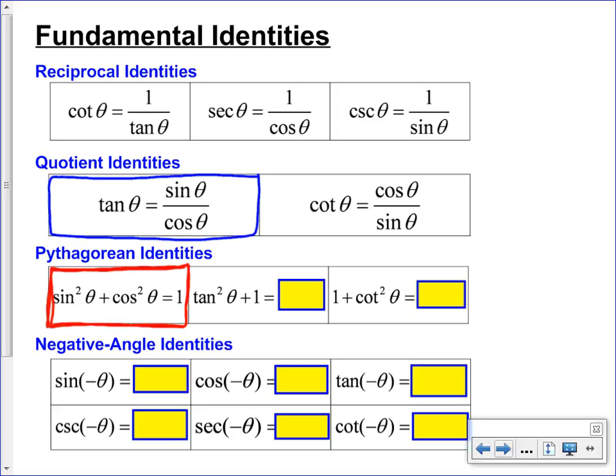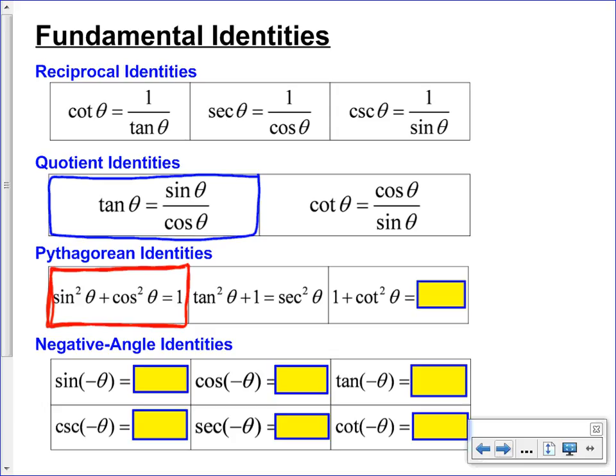Sine divided by cosine is tangent. Cosine divided by cosine is 1, and 1 divided by cosine is secant. So you would get this formula: tan squared plus 1 equals secant squared.